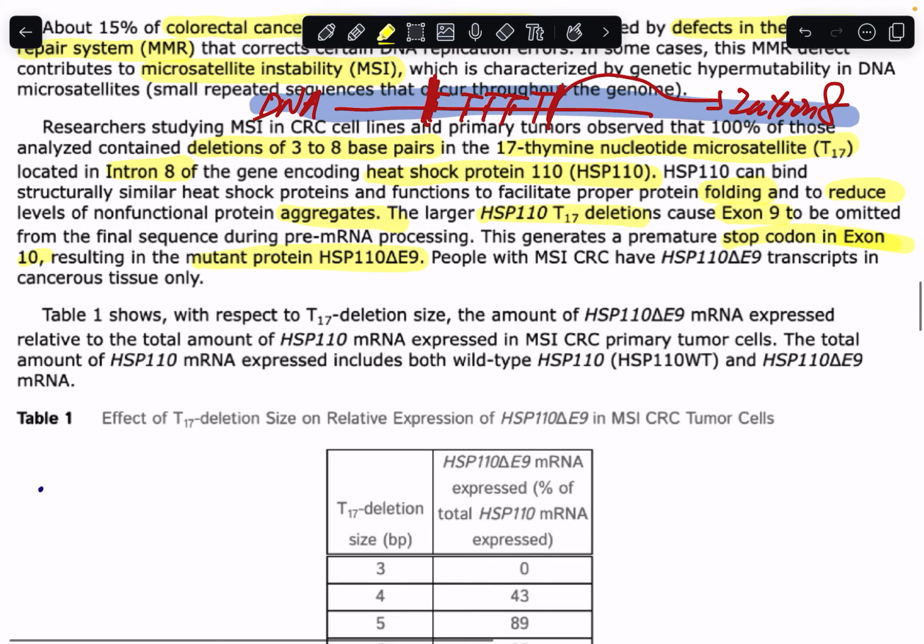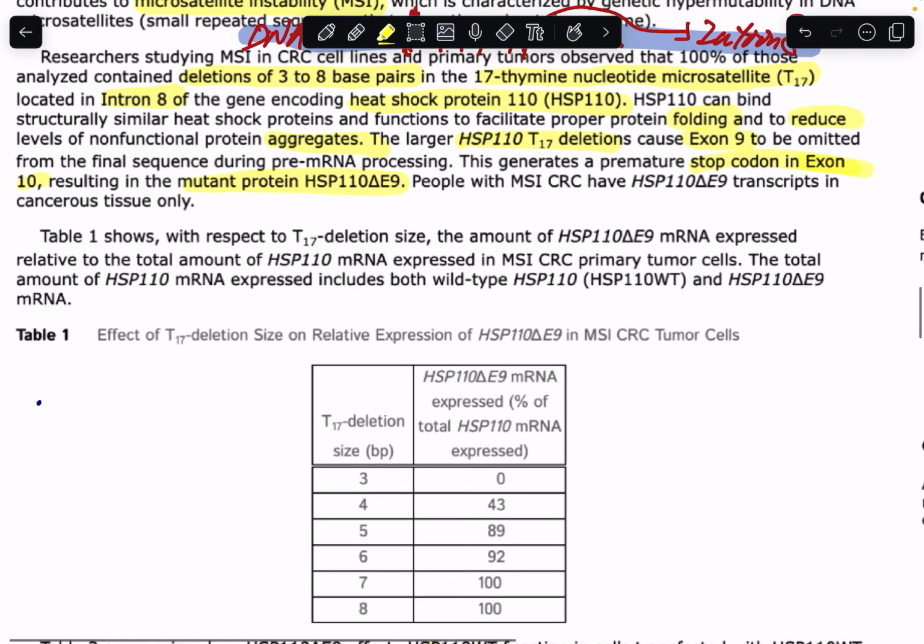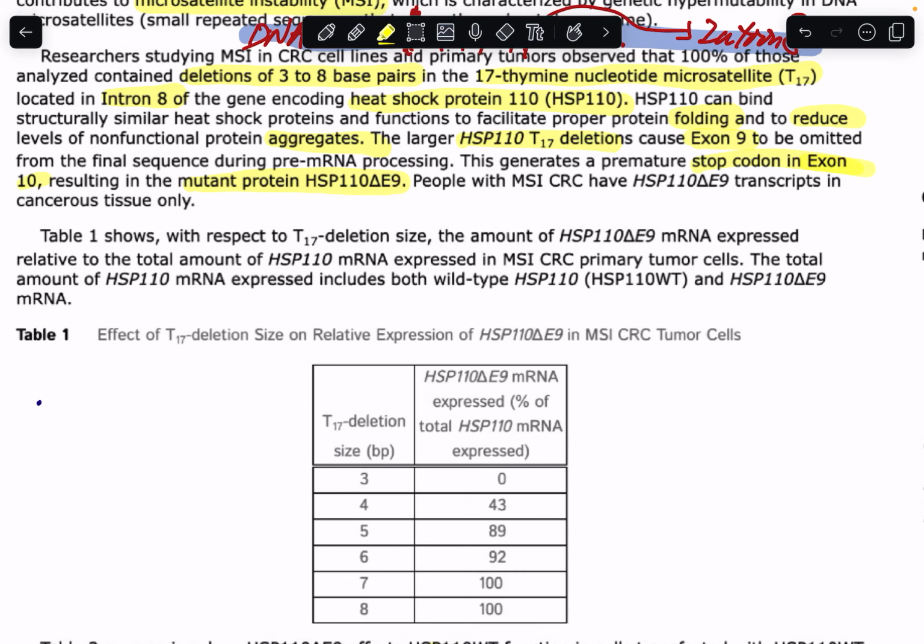Okay. Let's look at table 1. What is table 1? Table 1 shows, with respect to T17 deletion size, okay? So this is indicating to me that this is kind of like the independent variable of this table, right? Different T17 deletion sizes can give us a different amount, here the amount of HSP110 delta E9 mRNA expressed.